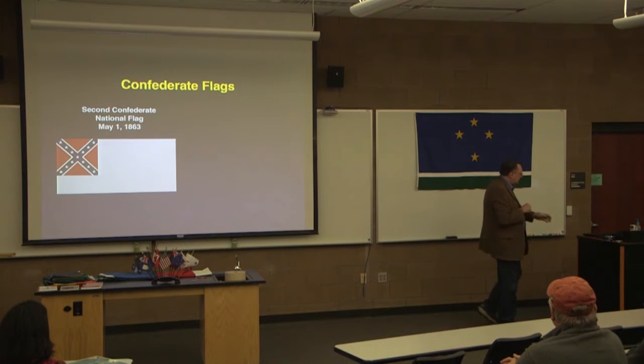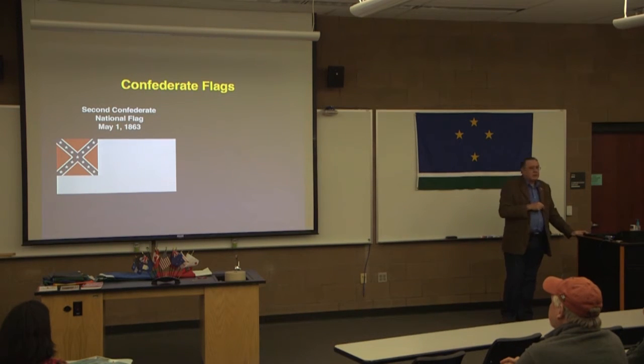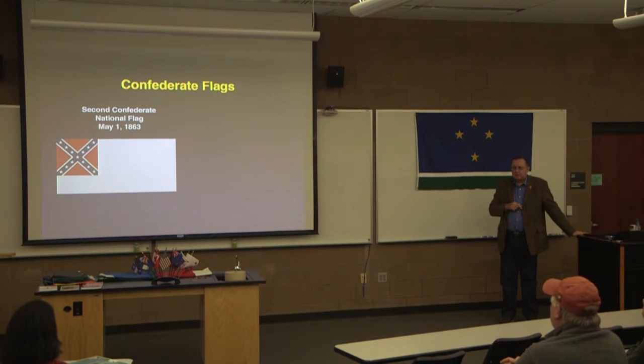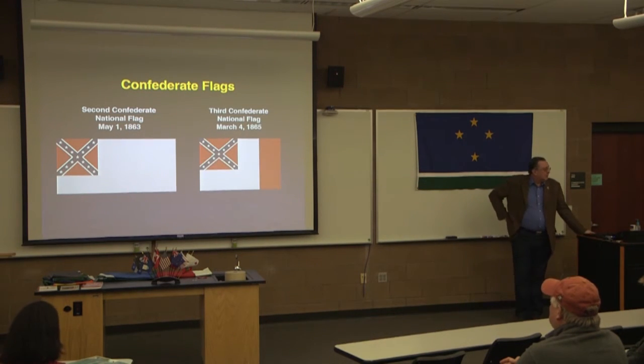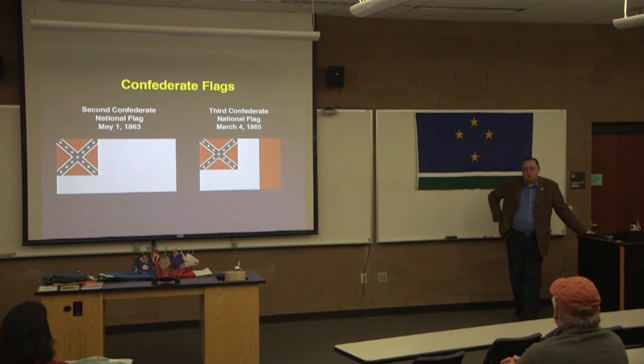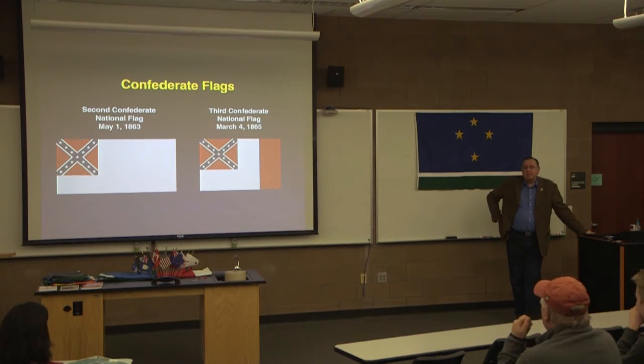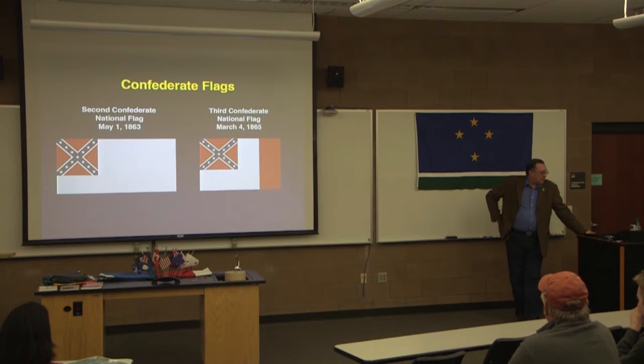And then they realized from a distance, it looks like we're surrendering, because it's a white flag. So they added a red stripe. But that was March 4th, 1865. The war was almost over by then. It was like another month, and then Appomattox was the end of the war.